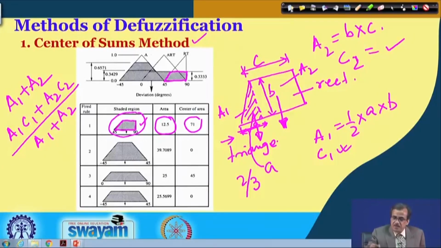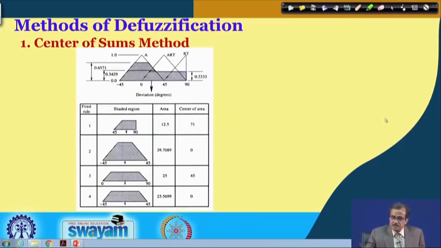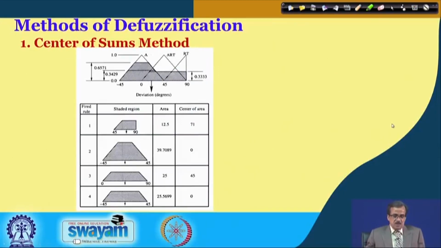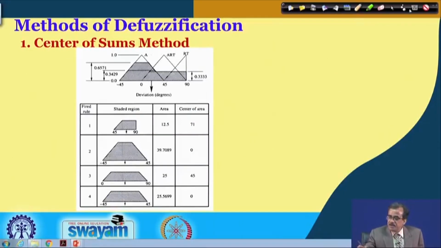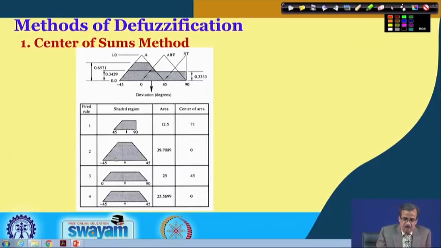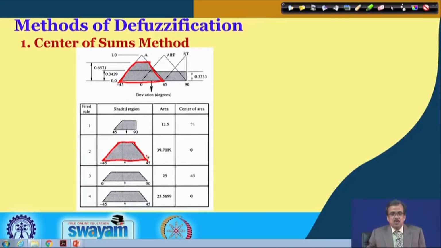Now, if you follow the same principle for the other fired rules, for example, if I concentrate on another fired rule, this particular fired rule, that is minus 45 to 45. This shaded region, if you consider, very easily you will be able to find out what should be the area and center of area.